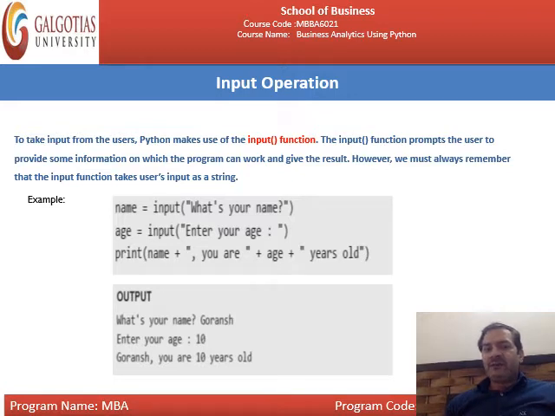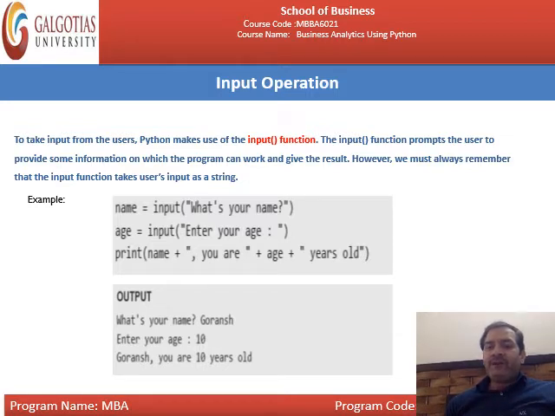For example, you simply write name equal to input, this is the input function, and within the function you write, what's your name? Then input, enter your age, then print name plus comma, you are.